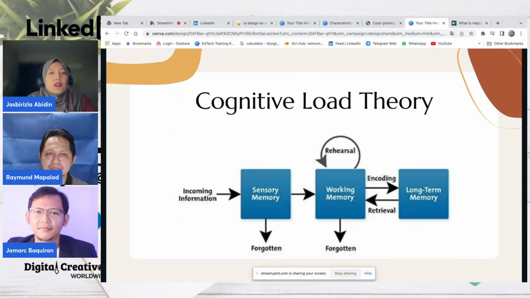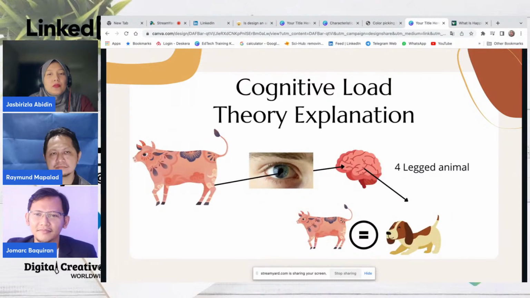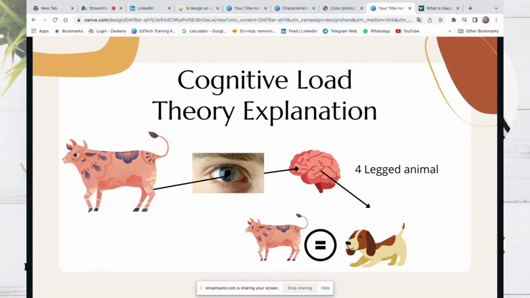Cognitive scientists have models of this theory, but I want to show you a simpler version. My second child, who is now 5 years old, when he was very young, always equated any four-legged animal with a dog.